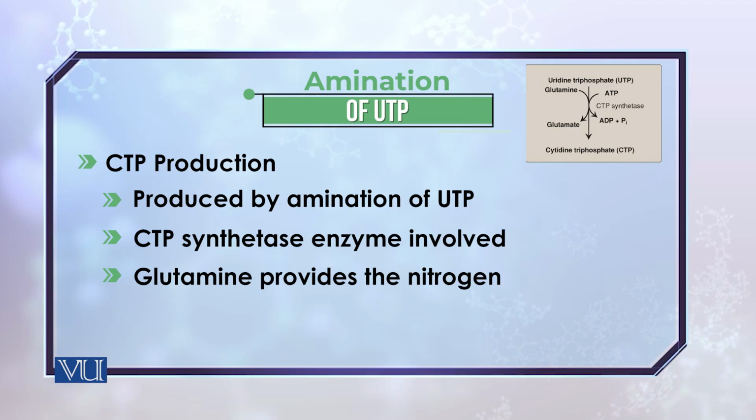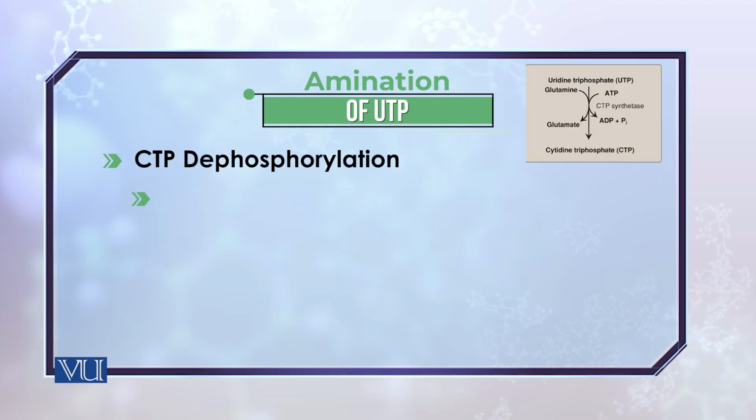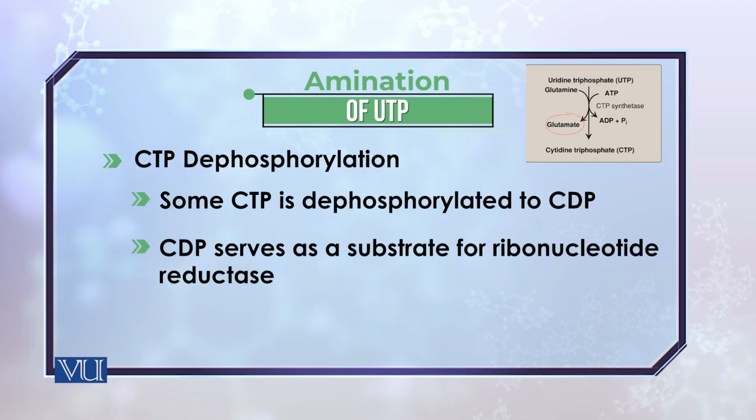and you can see here again the amine group is provided by the glutamine, which is converted into glutamate, and of course this is again an energy intensive reaction, and you will ultimately get the CTP or cytosine triphosphate.